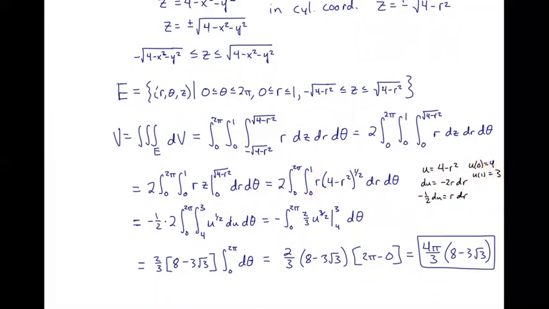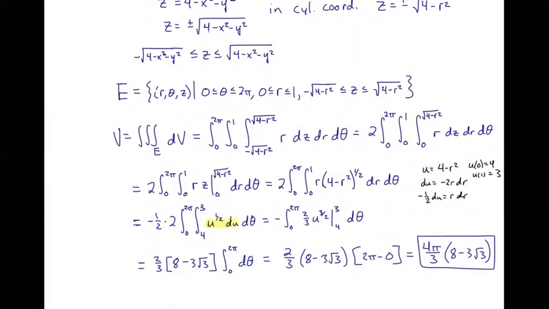So what we see next is that negative 1/2 from the du for r dr, basically converted and highlighted, times the 2 that was already there. Our new limits of integration go from 4 to 3. And then we're integrating u to the 1/2 du.